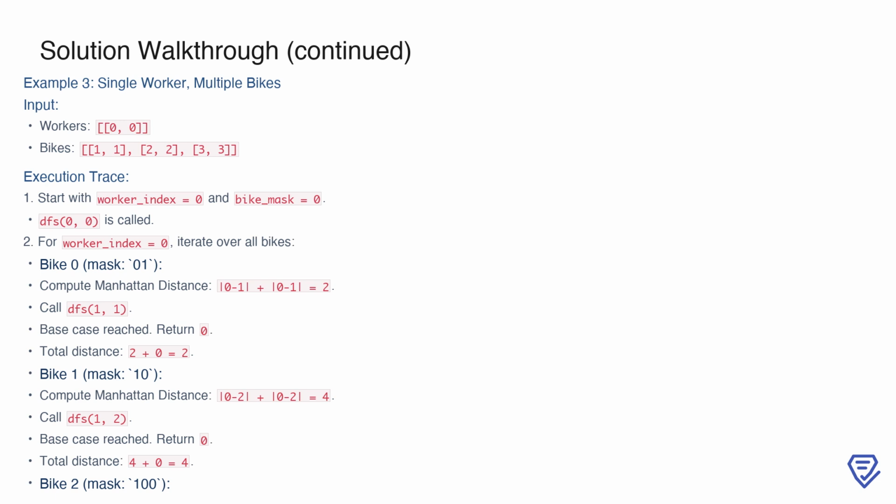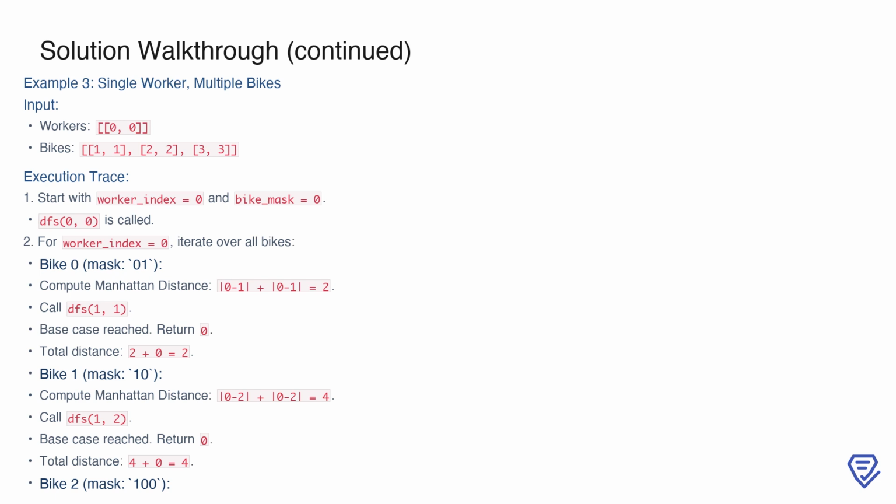A recursive call is made with worker_index incremented to 1 and bike_mask updated to 1. Since there is only one worker, the base case is immediately reached, returning 0. The total distance for this assignment is 2 plus 0 equals 2. Next, assigning bike 1 to the worker results in a Manhattan distance of 0-2 plus 0-2 equals 4.